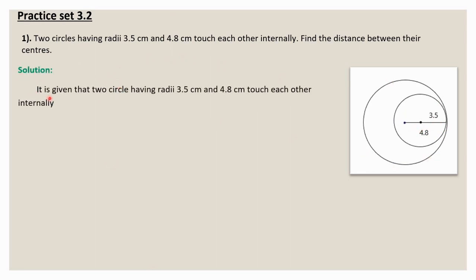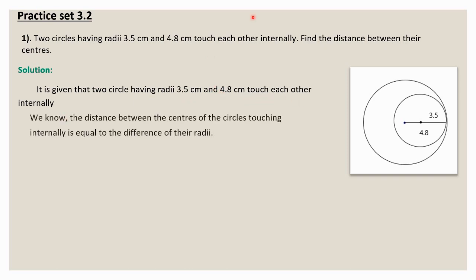Solution: it is given that two circles having radii 3.5 centimeters and 4.8 centimeters touch each other internally. We know the distance between the centers of circles touching internally is equal to the difference of their radii.